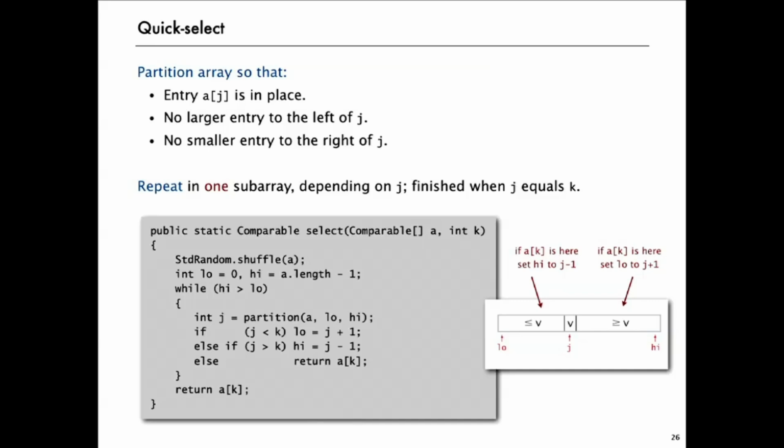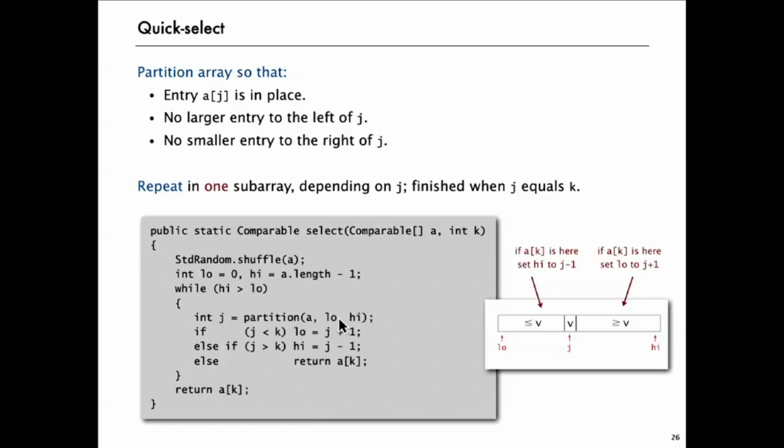If k is to the left of j, then we just do the left subfile. We just set high to j minus 1. And if k is to the right of j, we just do the right subfile, set low to j plus 1. And that's all this code does. You could do it with a recursive call, but this just does it by resetting the values of the parameters.